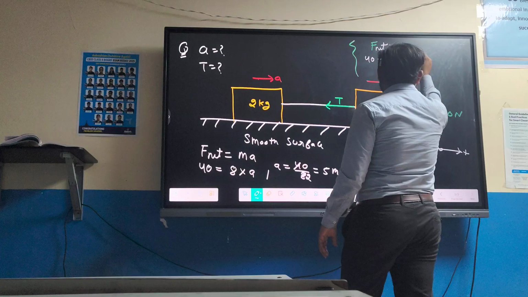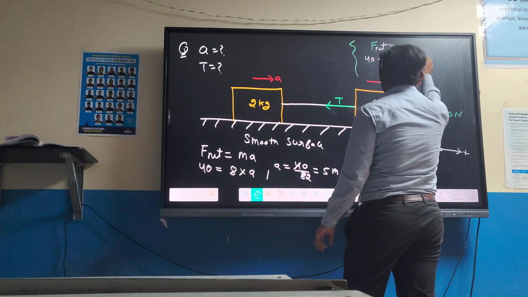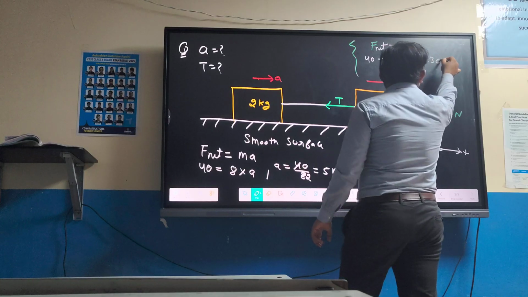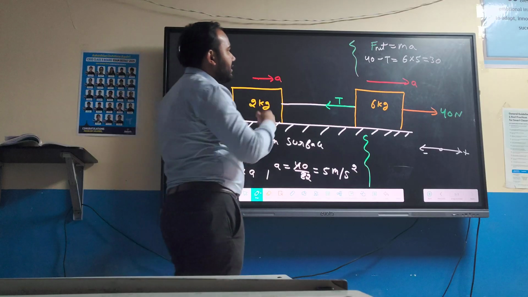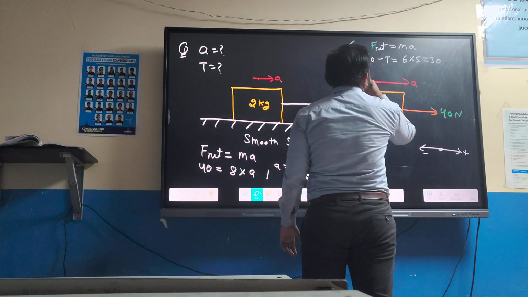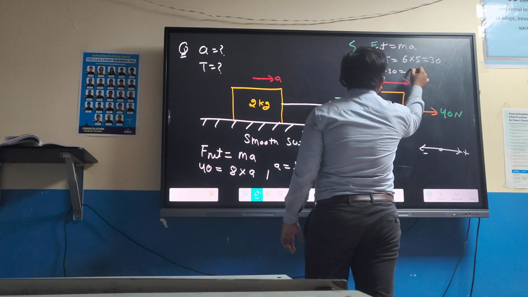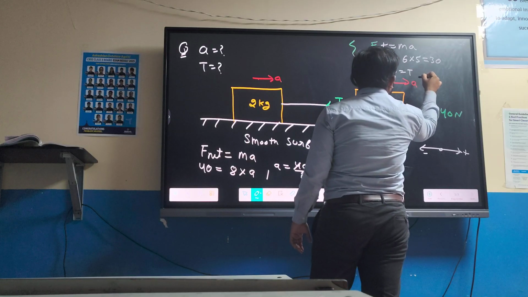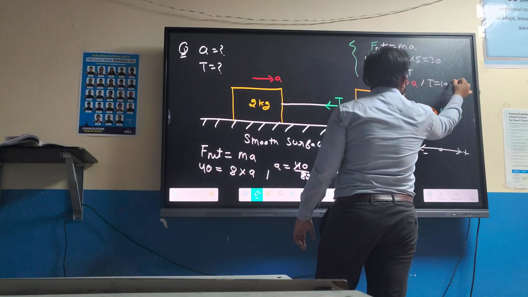That is 6 kg. And what is the acceleration I got? Acceleration we have 5. So 6 into 5, that will be 30. So can I simply solve the equation and get the value of T? Solving the equation, 40 minus 30 is equal to T. So the value of T will be 10 Newton. Simply here I can write T is equal to 10 Newton.